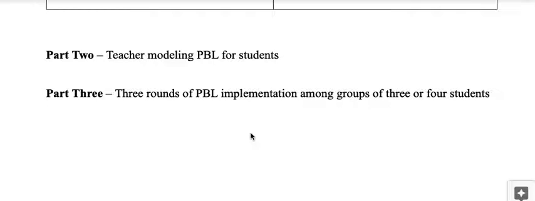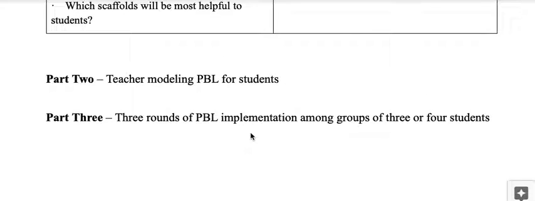And then students will work through 3 rounds of problem-based learning in which at first I will provide lots of scaffolds and supports for them. And then I will also kind of ease off that and maybe do like a 50-50 the second round. And the third round will be limited scaffolds and supports for the PBL process.